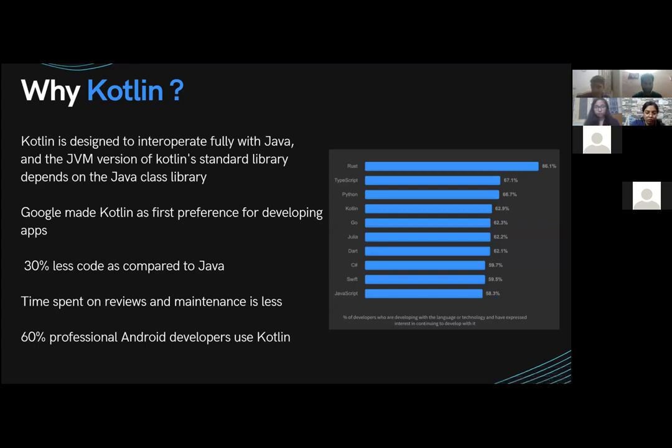You can clearly see that Kotlin takes number 4 with an overall percentage of 62.9%, which is pretty huge. So that answers the question of why we use Kotlin instead of Java. Kotlin has a lot of technical advantages, to be honest. With these covered, let me quickly go into the basics of Kotlin.